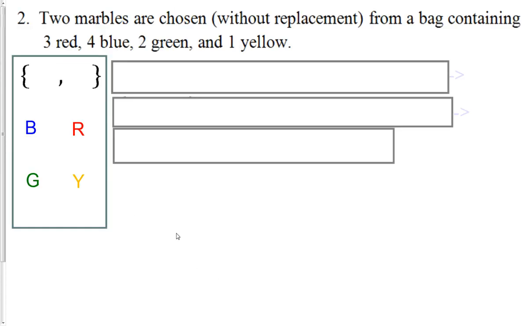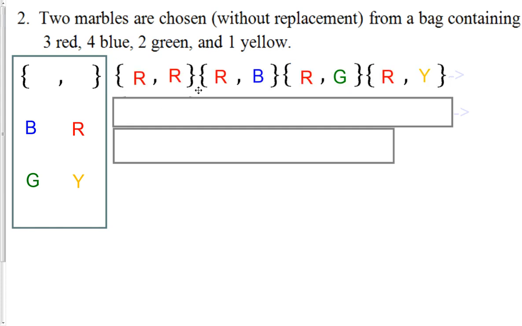Next one is 2 marbles are chosen without replacement, meaning we take one, then pick another without putting it back in, from a bag containing 3 red, 4 blue, 2 green, and 1 yellow. What are our different options? We've got red then red, red then blue, red then green, red then yellow. Those are all my red-first options.